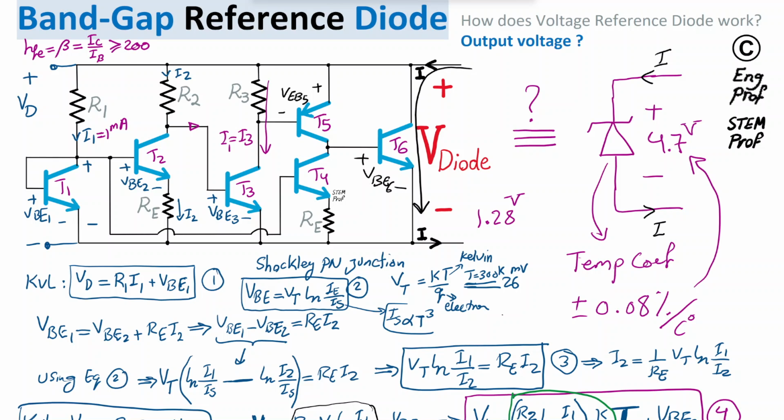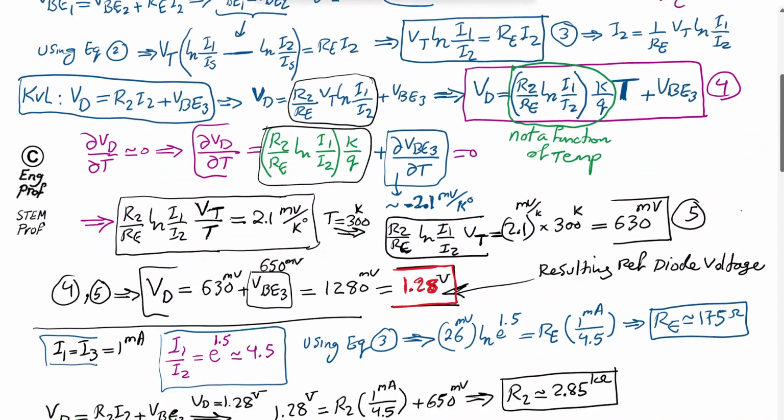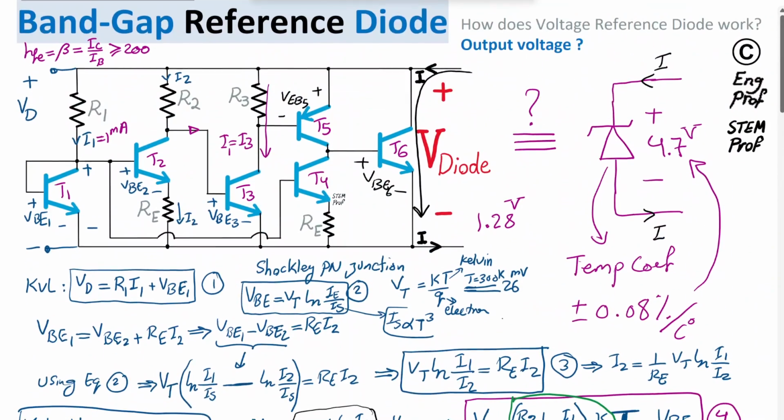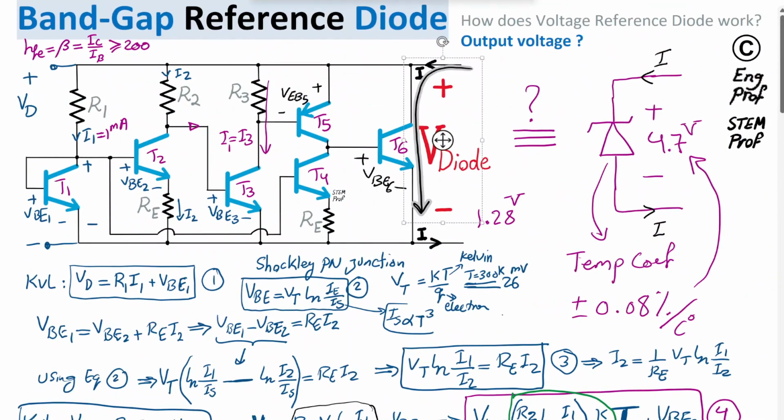Okay, I hope that this example is helpful in terms of showing what the use case of a bandgap reference diode is, how it is working, what the roles of different transistors in the circuit are, and what the requirements are, and then one example of selecting the components in the circuit as I showed you for a practical design. Effectively, we end up, as I said, with something similar to a Zener diode.